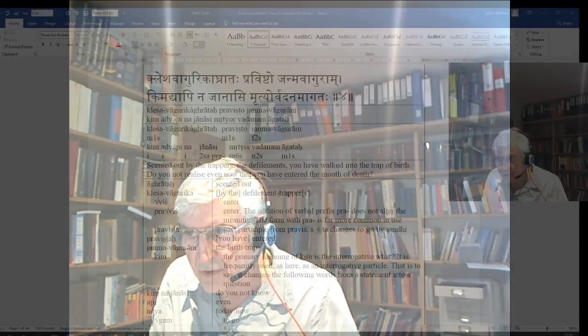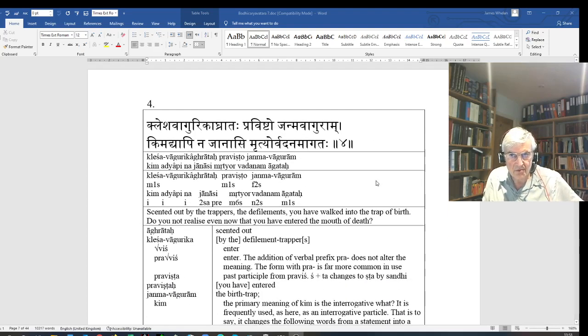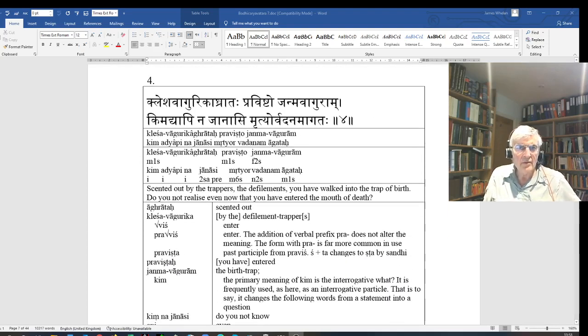So firstly, I will show you what I mean by an annotated text. Let me call it up and then share my screen with you. Here we are. I've just chosen this pretty much random example. This is from the Bodhicharyavatara, chapter 7, verse 4.